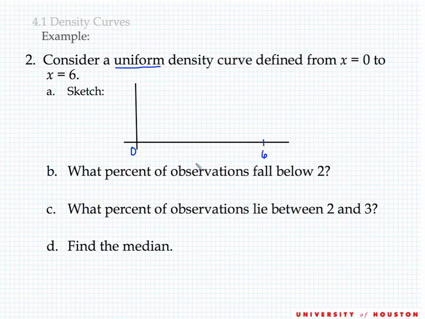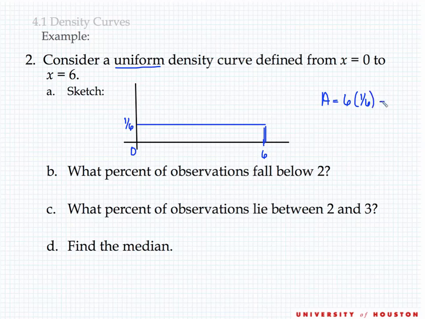Now remember, the area under a density curve has to equal 1. So if we're uniform going all the way across here, our y value would have to equal 1/6, so that the area, your width is 6, your height would have to be 1/6, so that your total area is 1.